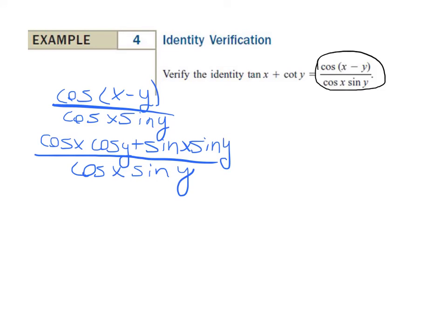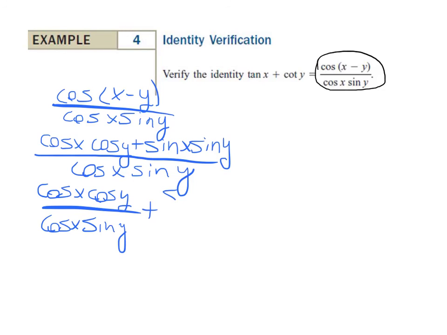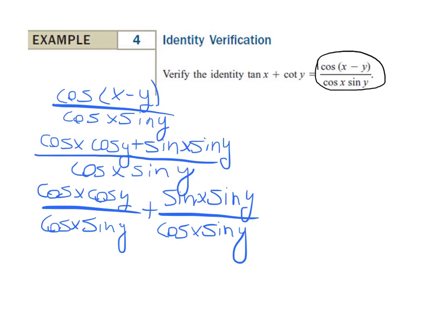And now I'm just going to split them up. So I've got the cosine of x cosine of y all over the cosine of x sine of y plus the sine x sine y all over cosine x sine y. Now I'm just going to cancel out stuff. Cosine x, sine y.